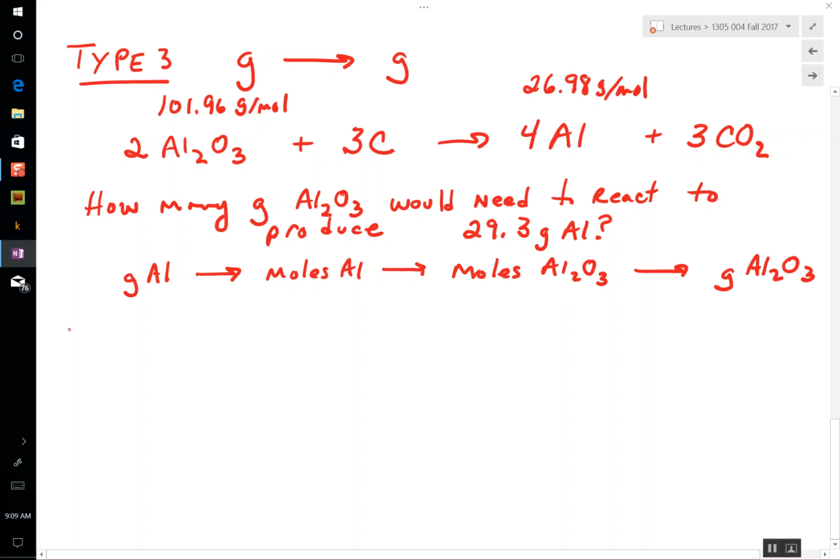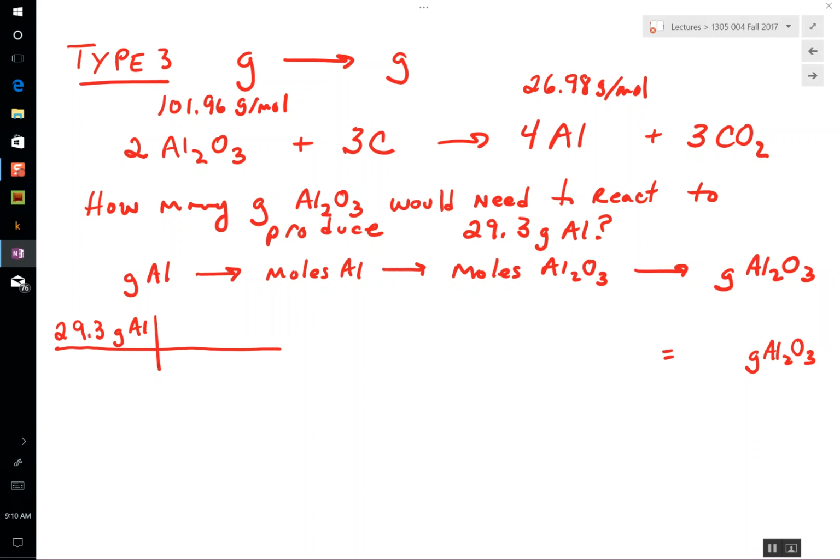All right, so let's see where we are. Right now, we got 29.3 grams of aluminum. And we want to come over here and get grams of aluminum oxide. Now we are back on our 10-yard line, and we want to make a touchdown. Okay, this is a little harder problem than type 2. So if I have grams of aluminum, how do I convert that into moles of aluminum?